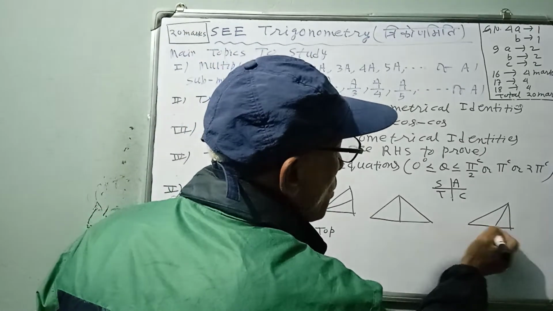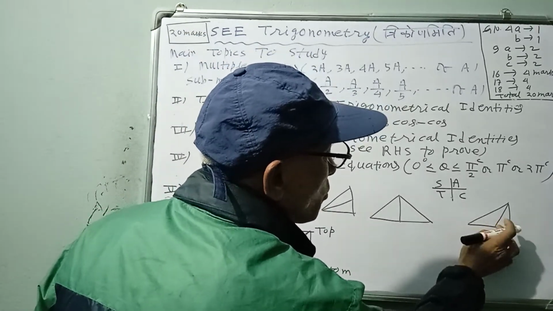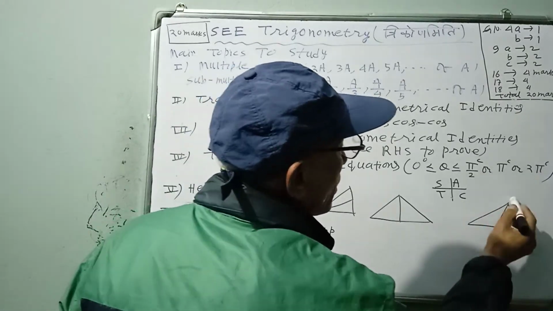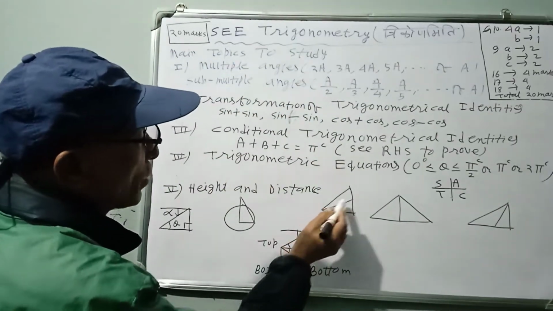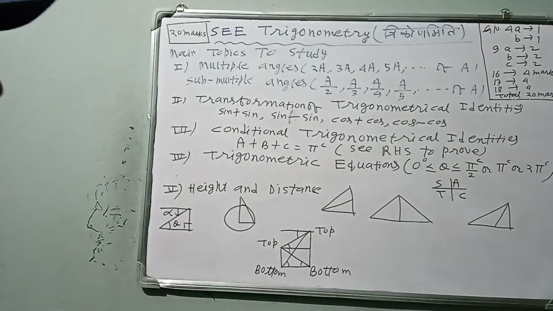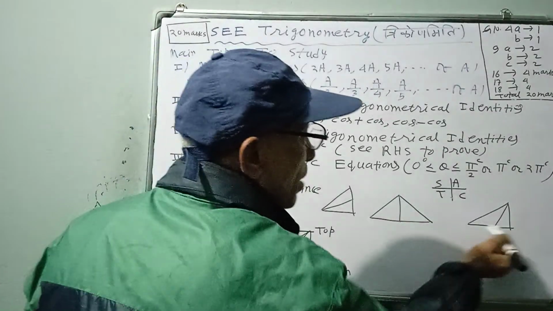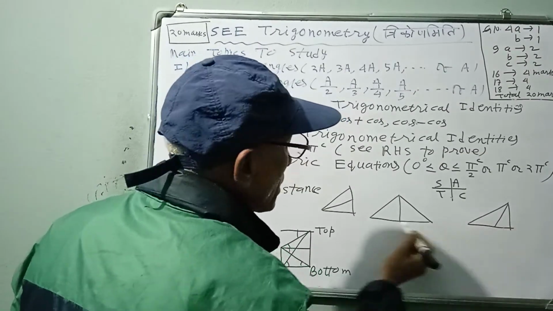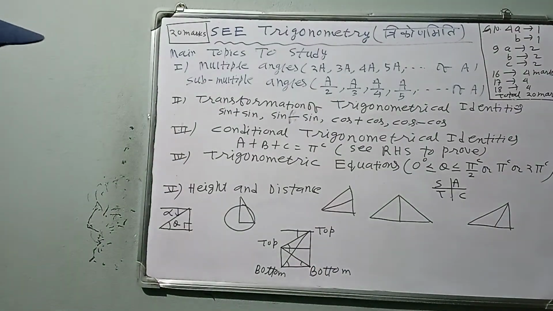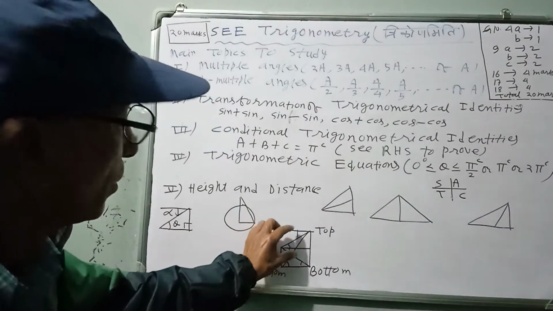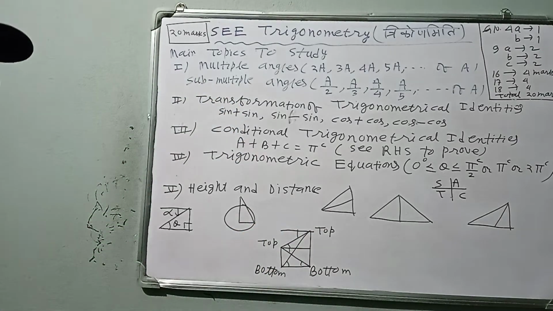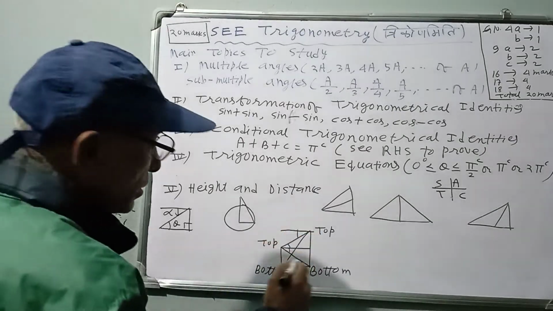Here from 2 points, points of observation 2, and the person looks at the point. एक ठाउँबाट दुई ठाउँमा हेरेको, दुई ठाउँबाट एक ठाउँमा हेरेको. Same direction here, points of observation here, different direction. Object, which is smaller, which is shorter, and which is longer, you have to read the question.